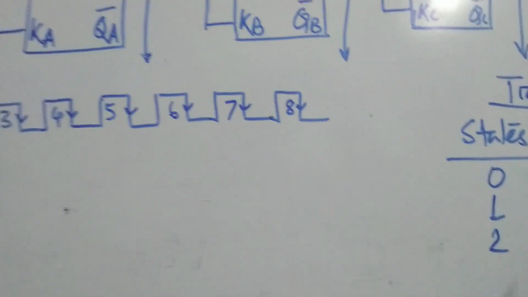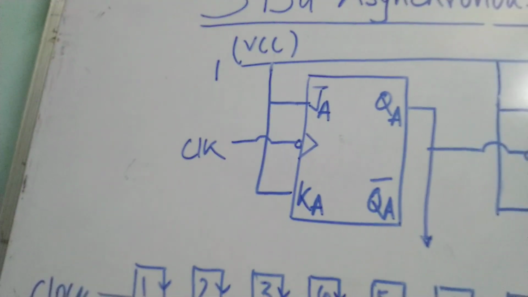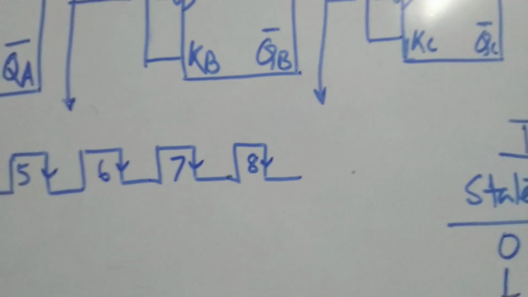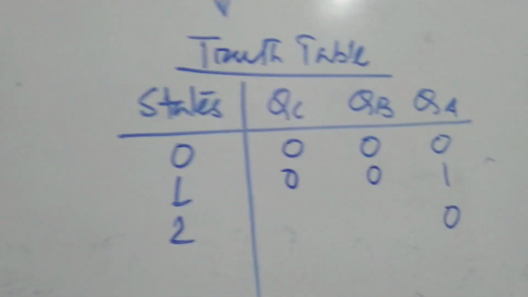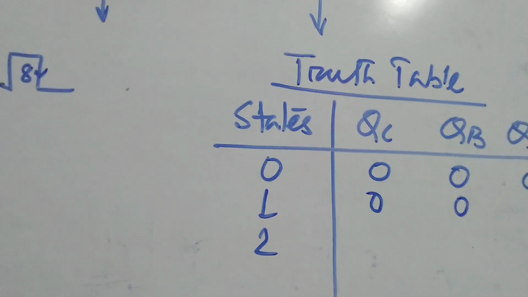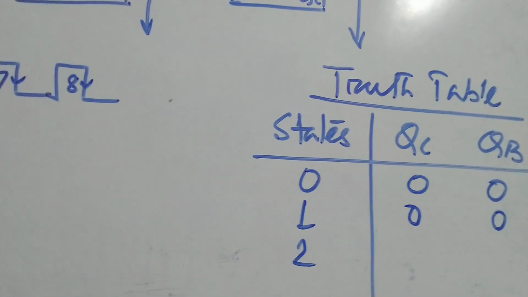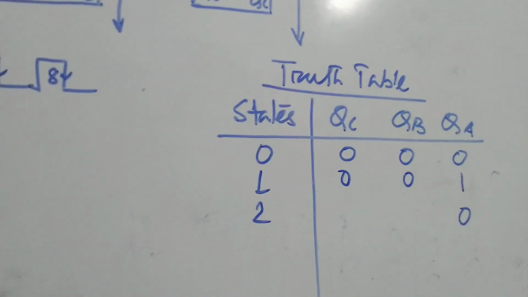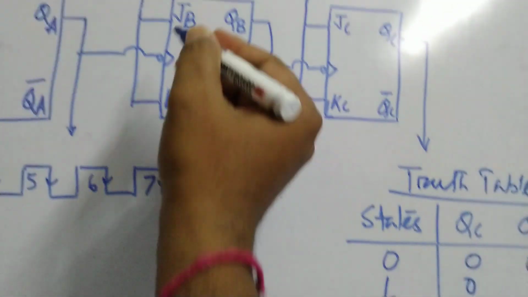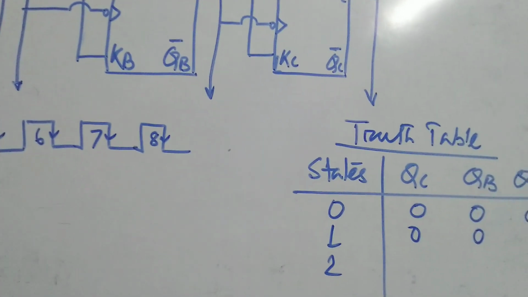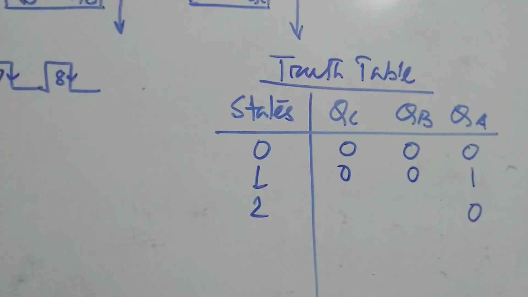This is one state. Now the second state, once the clock pulse is applied, once again it toggles. So QA is 0. Now QA provides the clock pulse of the second flip-flop. So the second flip-flop is activated, and the inputs of this second flip-flop are 1. So the output of the flip-flop toggles.